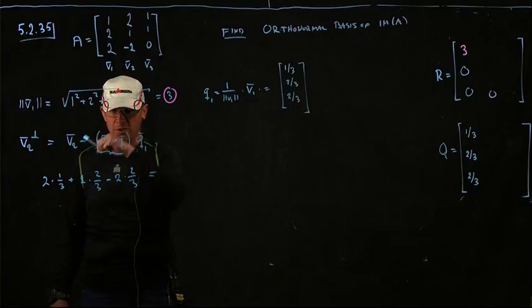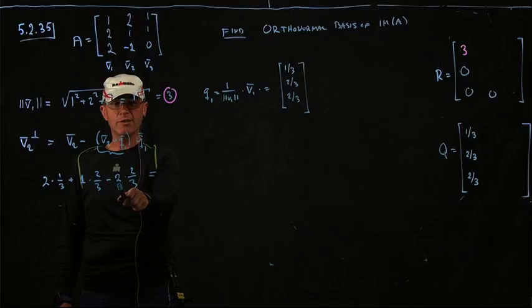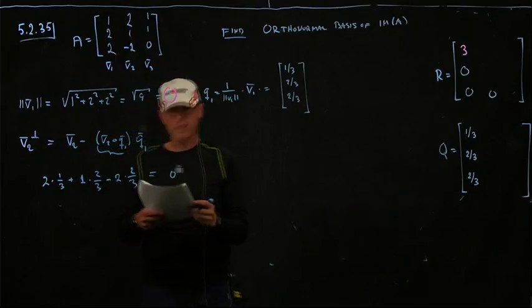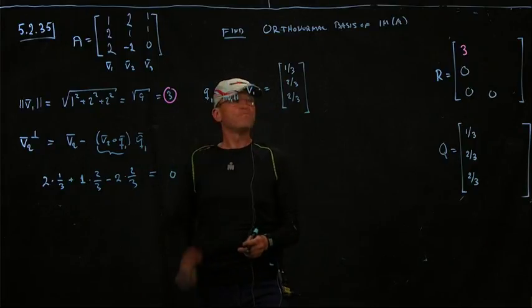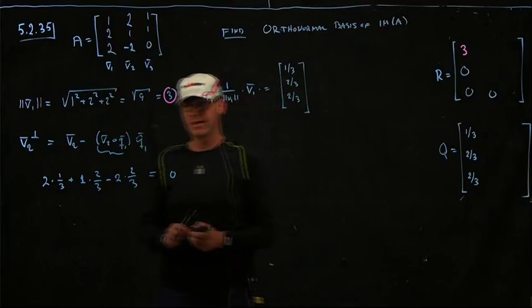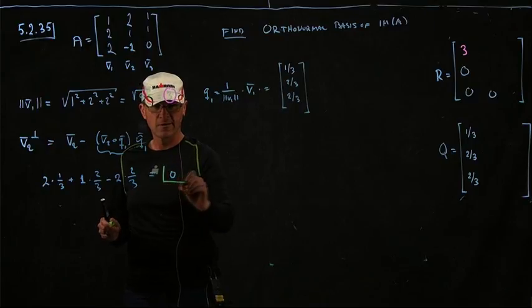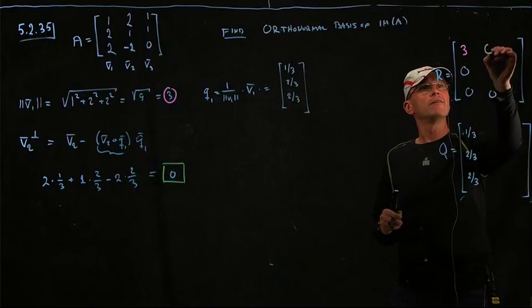So 2/3 plus 2/3, minus 2 times 2/3. That looks suspiciously like a 0, right? So the vectors are already orthogonal. Again, dot products end up over here.